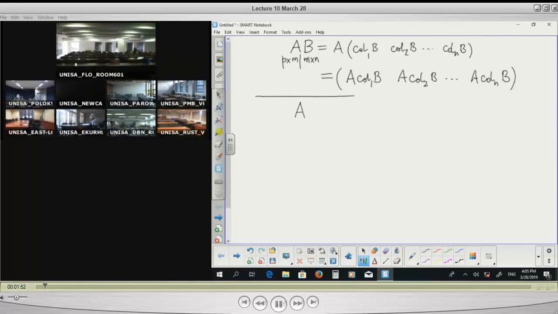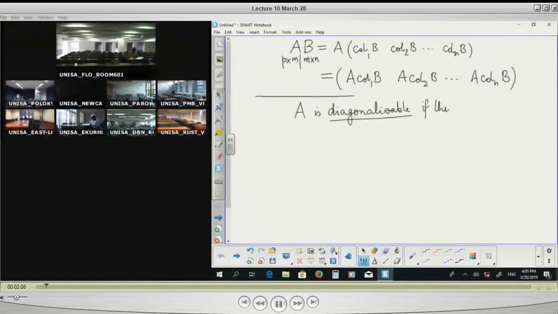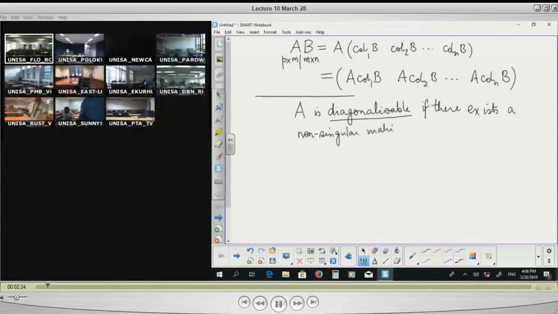So this is the definition: if there exists a non-singular matrix C such that C inverse A C is a diagonal matrix. Obviously, I'm speaking about square matrices now.